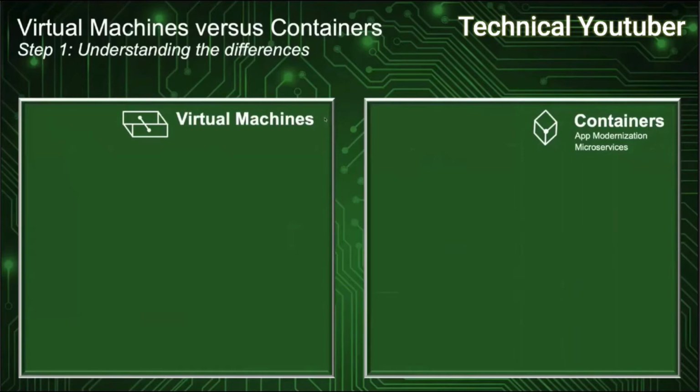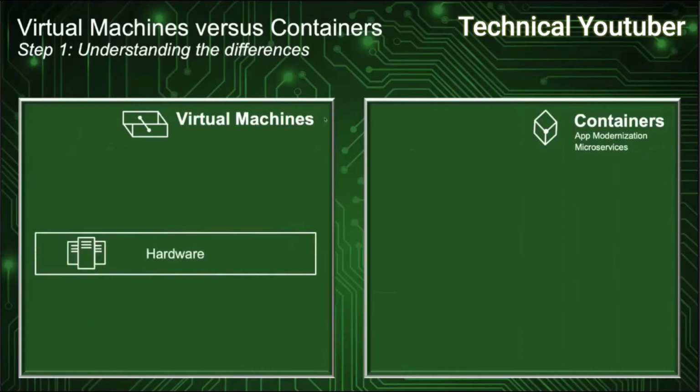The first thing that we want to make clear is the level at which virtualization happens. These two technologies are different ways of achieving virtualization. Virtual machines employ hardware virtualization because it happens at the hardware level. So we're going to start with the hardware down at the bottom because these are computers.